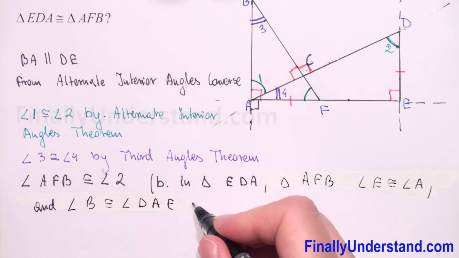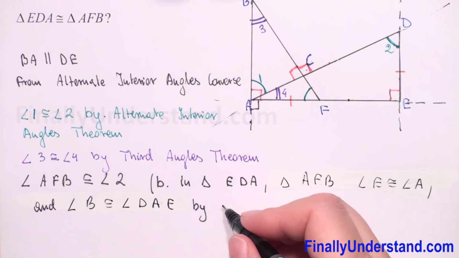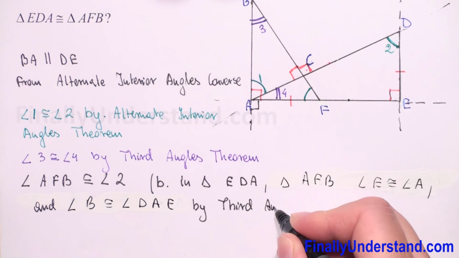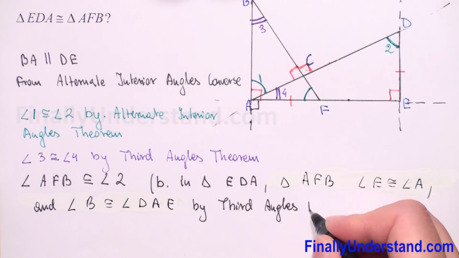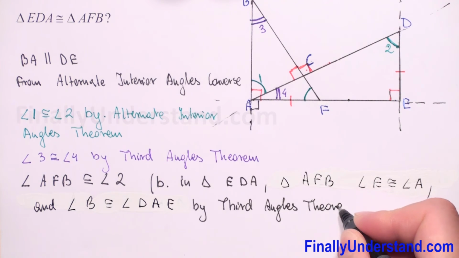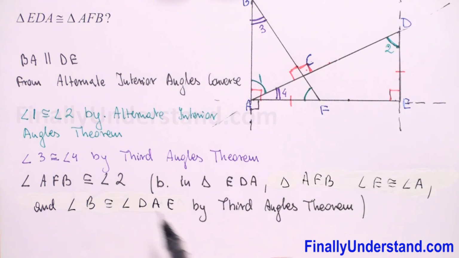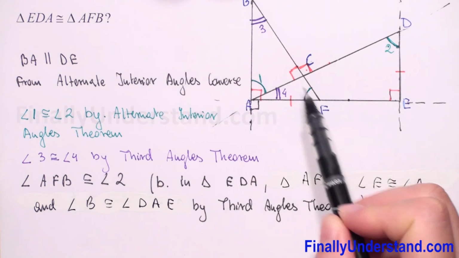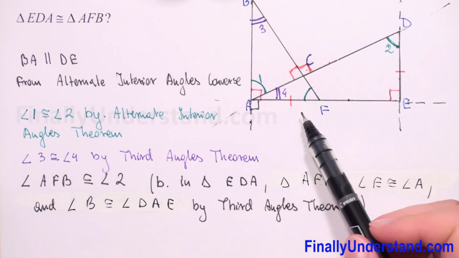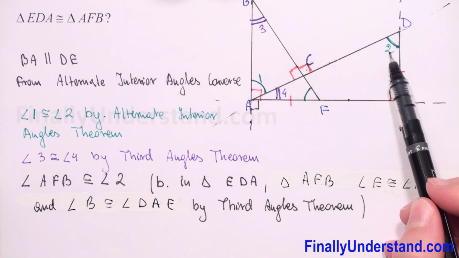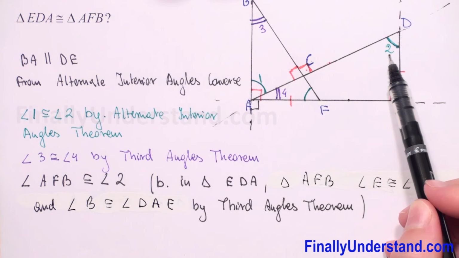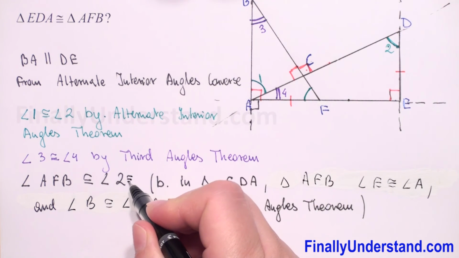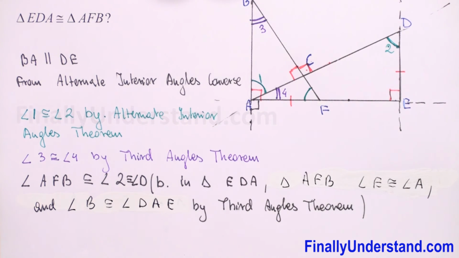So again, by third angles theorem, we got that angle AFB is congruent to angle D, or I made this angle 2. So I can write this is congruent to angle D.